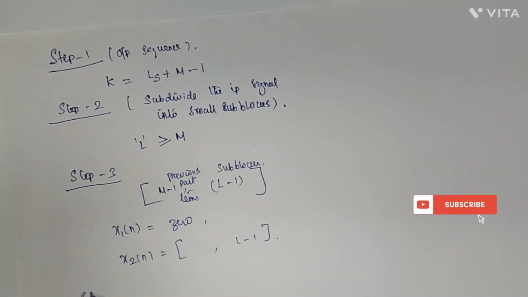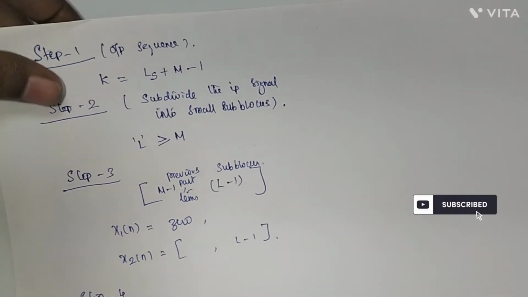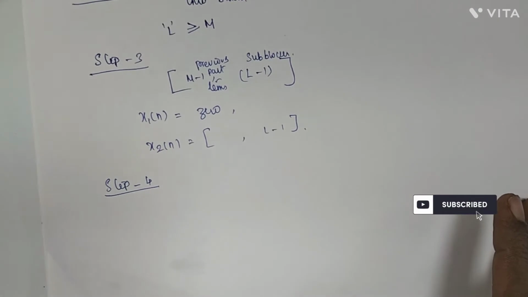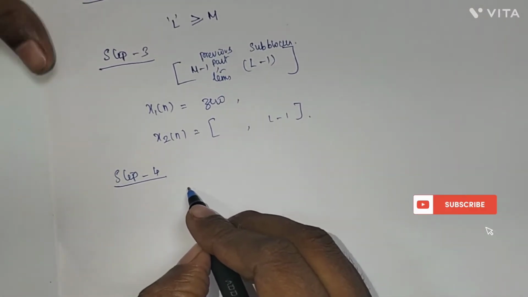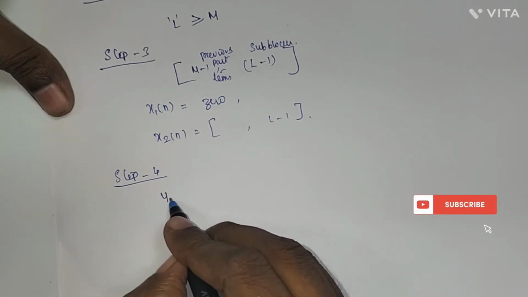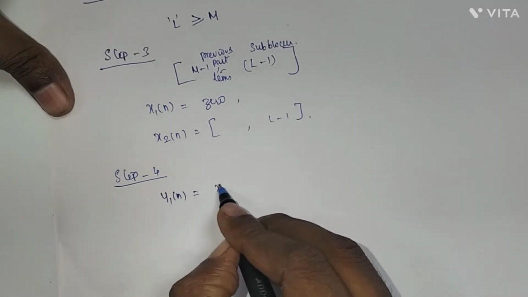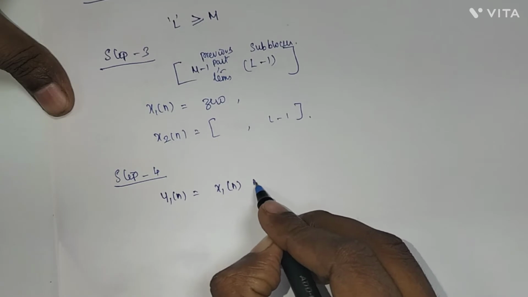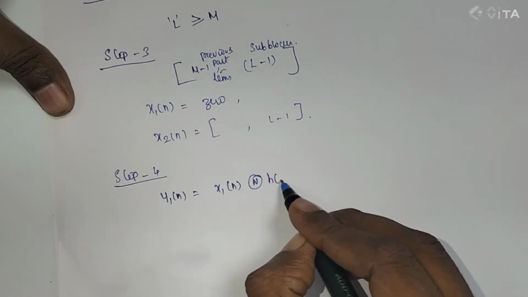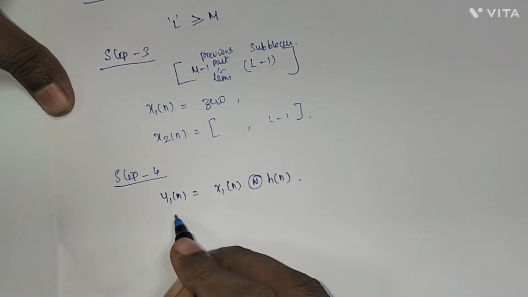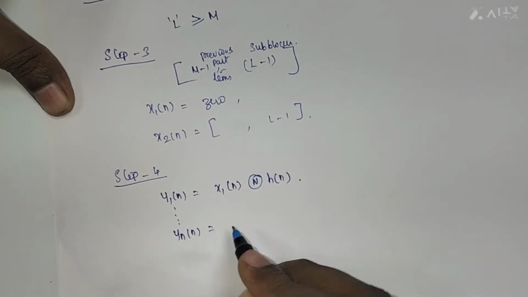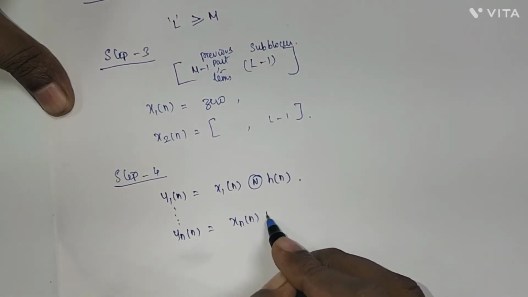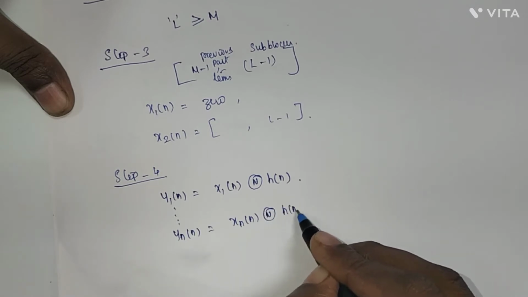In the next step, step 4, you have to do the circular convolution. That is, y1 of n is equal to x1 of n circularly convolved with h of n. Like this you have to do it for all the subblocks, that is, xn of n circularly convolved with h of n.